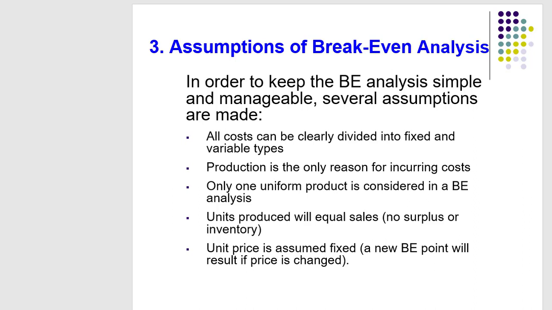The fourth assumption is whatever is produced will be sold. In other words, there are no provisions for surplus or inventory, and this model doesn't allow that. And the last assumption is the unit price, meaning the selling price is assumed fixed. You can alter the selling price, but a new break-even point will result if the price is changed.